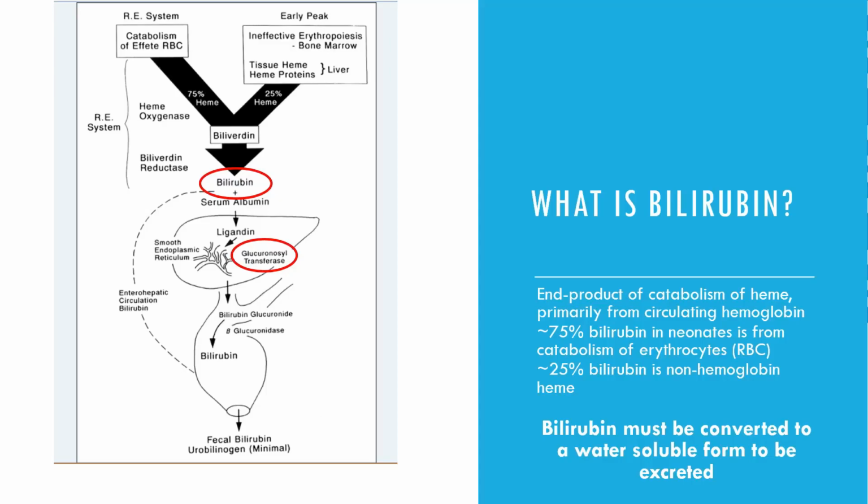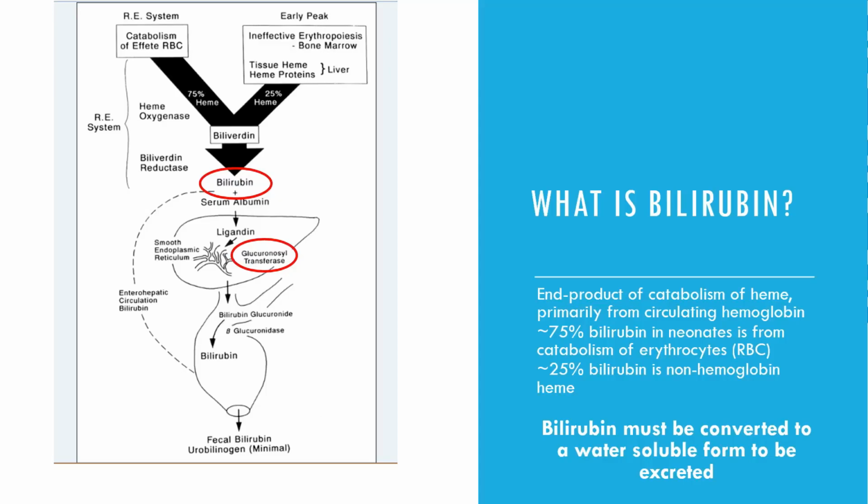So once heme is broken down, it interacts with an enzyme to then form biliverdin as you work your way down. Biliverdin is then broken down by an enzyme to bilirubin.